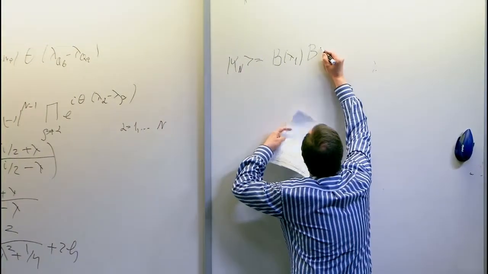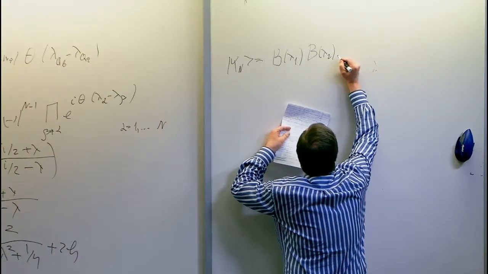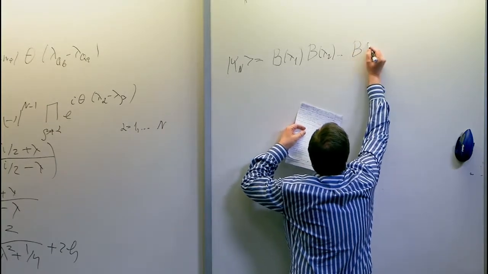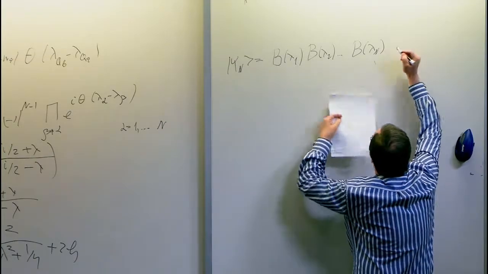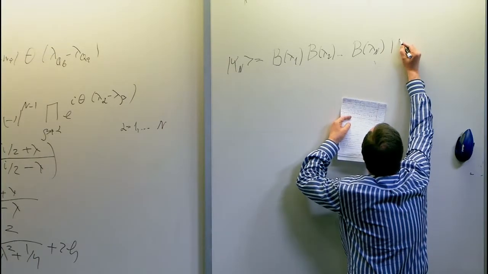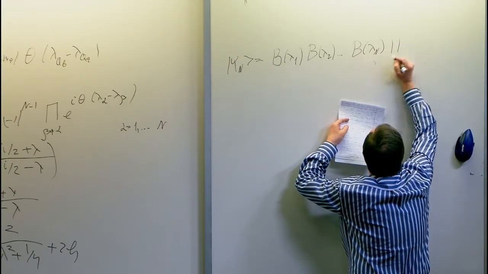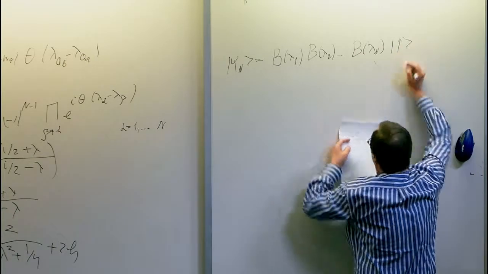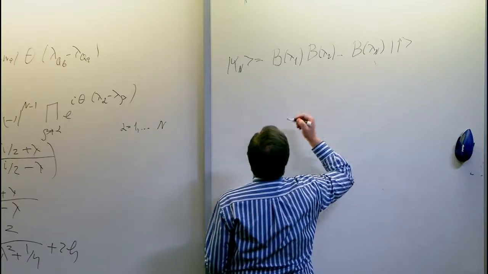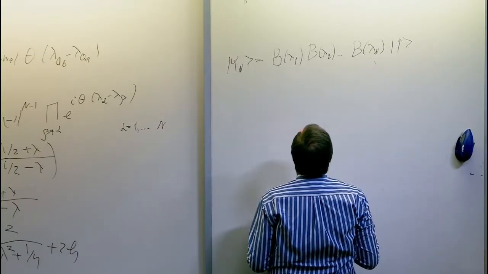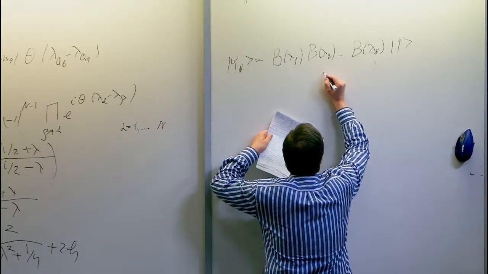So eventually we'll be able to write this eigenfunction as the product of n factors. Each B creation operator will depend on its own momentum or spectral parameter, and we apply these operators, which will be MPOs, to this ferromagnetic state, which is a product state. These operators, which I will eventually construct, are kind of nice because they commute with one another.